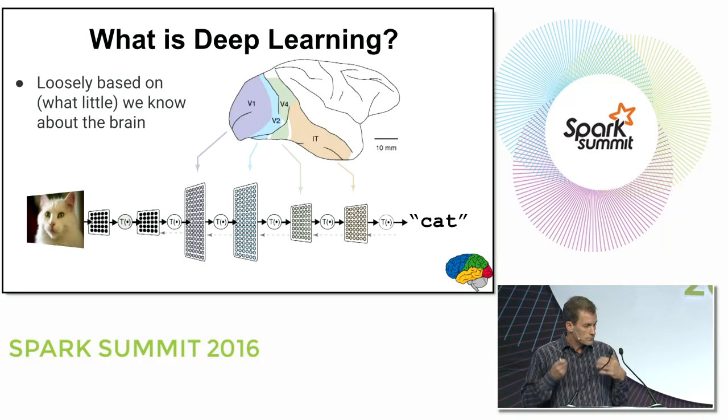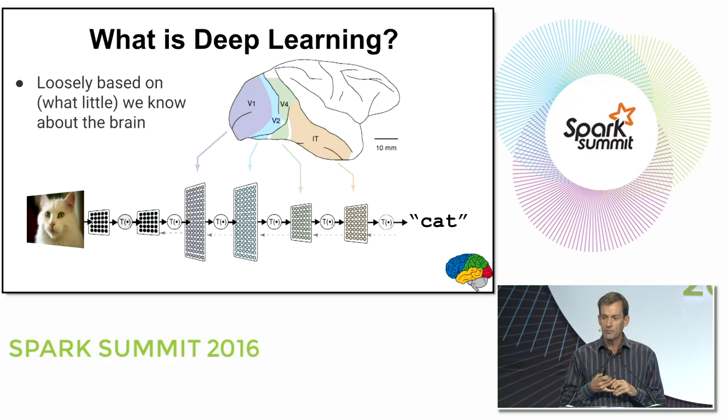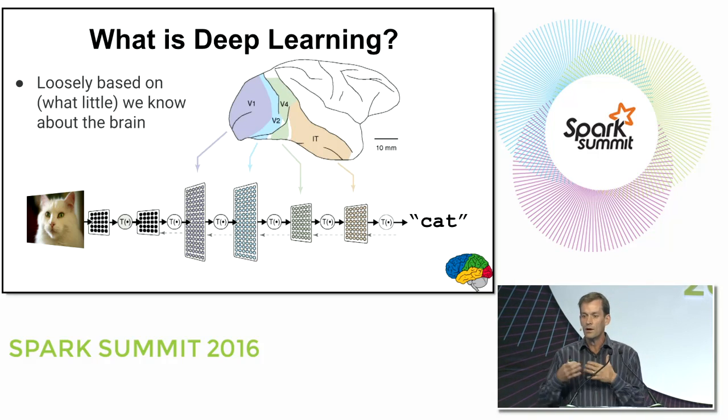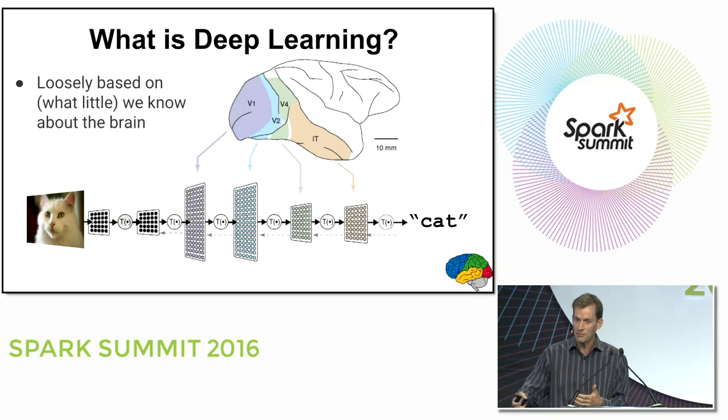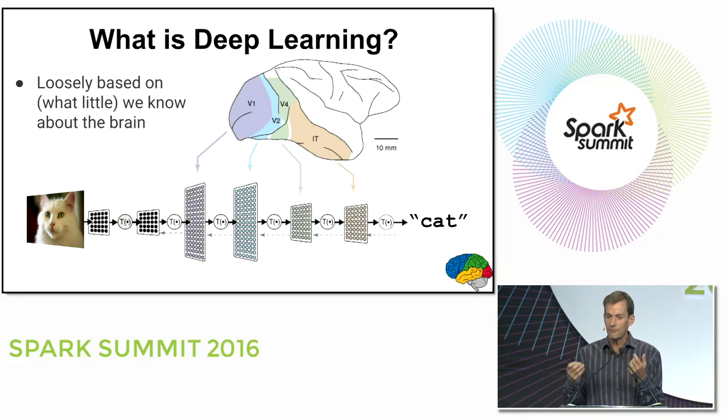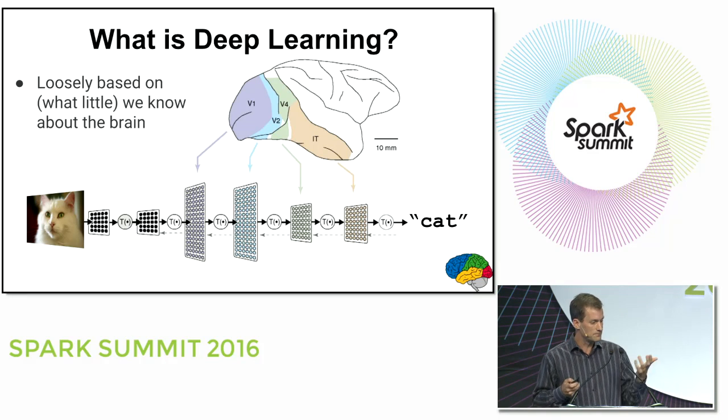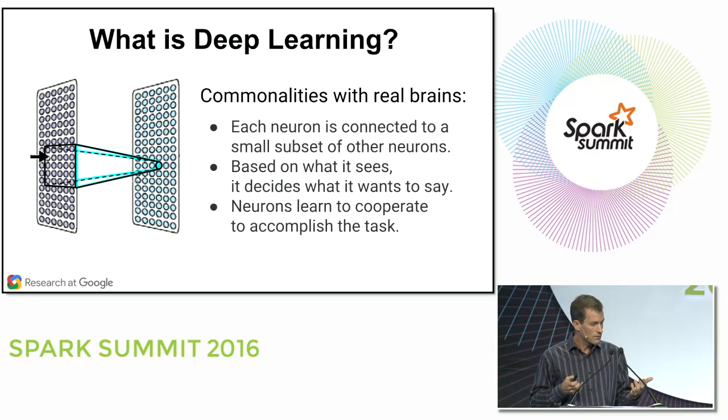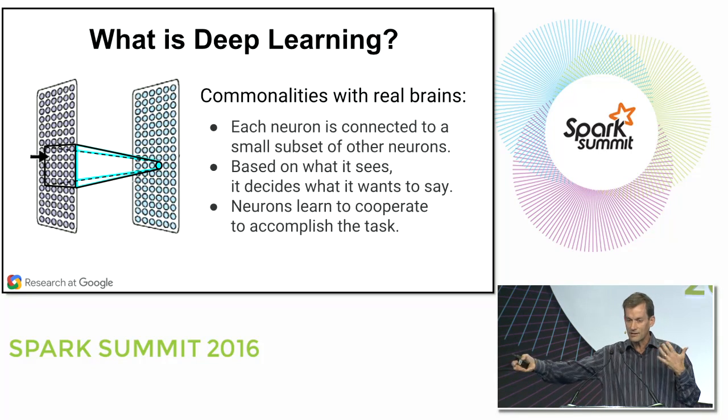And they're loosely based on what we know about the real brain. I say loosely because we're not simulating things at the low level of neurotransmitters or chemical interactions, but we have high-level abstractions of things that behave in vaguely similar ways to real neurons behave. So each neuron is typically connected to a bunch of neurons.